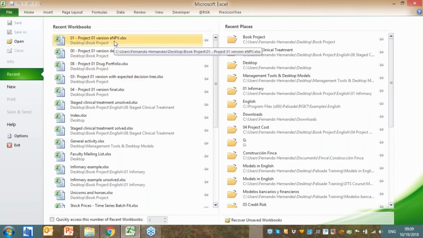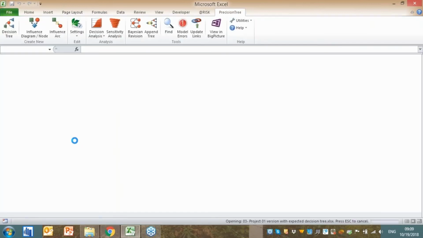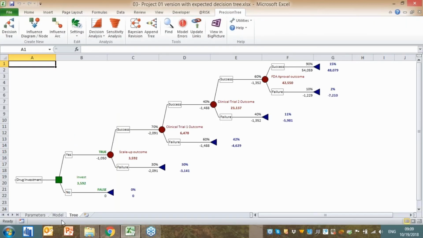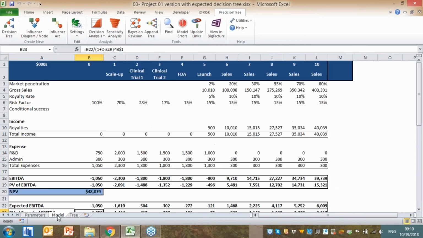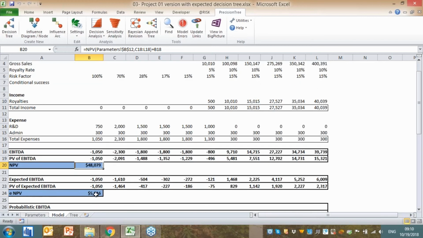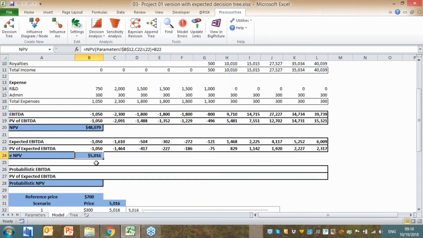So for example, on this model over here, in which we've already added, by the way, using PrecisionTree, a tree, which we will later see. Let me just go, before seeing the tree, to the model itself. So here's the model. This is our NPV, which we discard. We never use this one. This is our expected NPV, which is approximately 5 million.